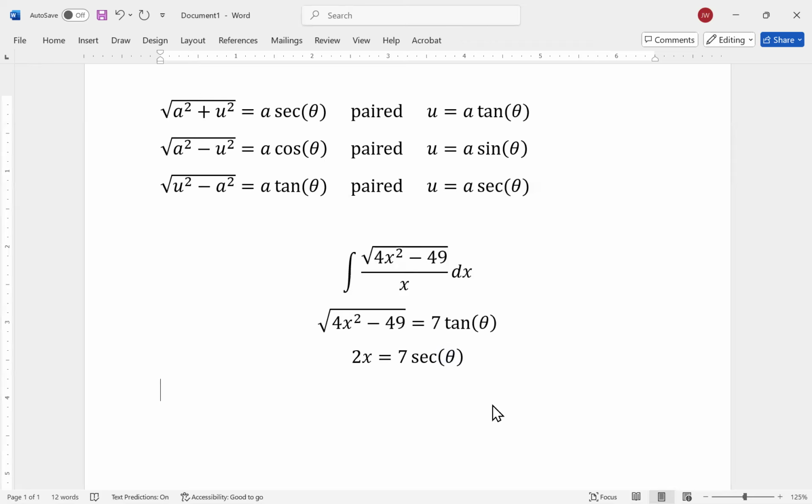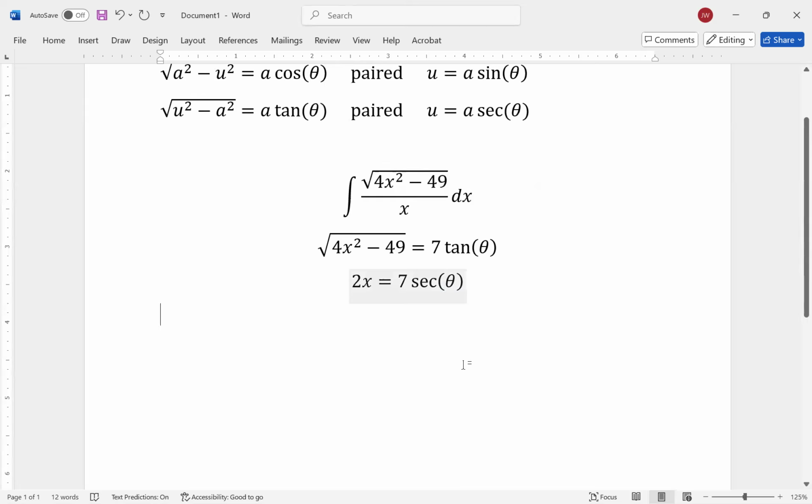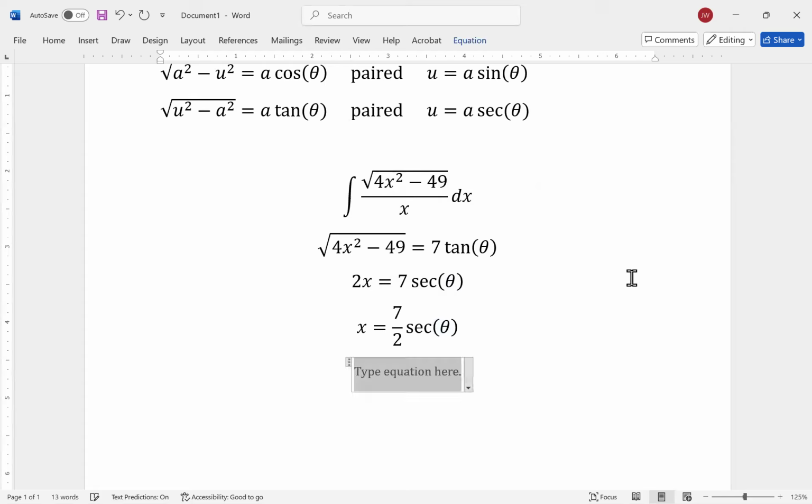Now there's a number of ways we could go about doing the derivatives. One way is just divide by 2. So that's the way I'm going to do that. I'm going to say x is equal to 7 halves times secant of theta. And then I'm going to take a derivative.